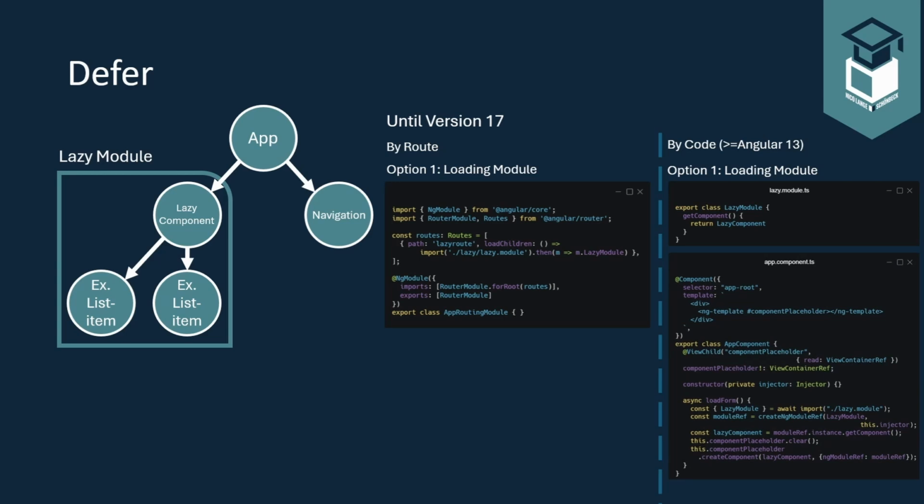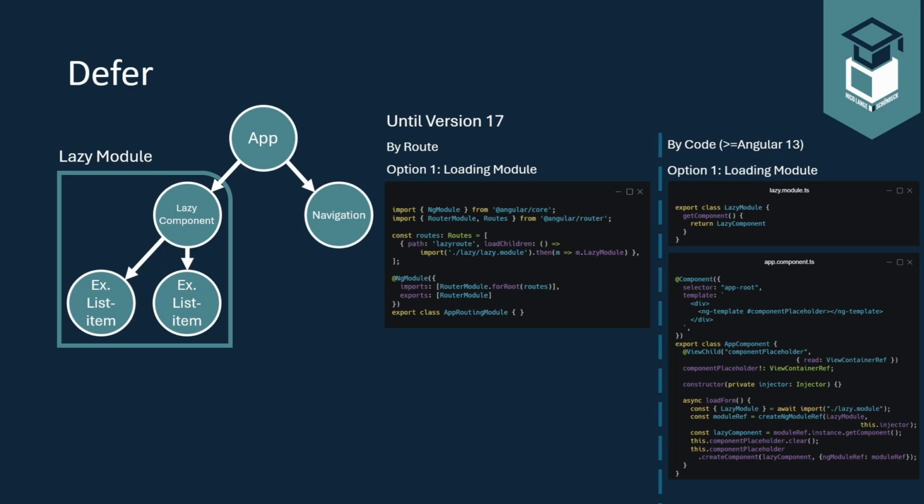So it looks very complex. All it does is this: it is a component, and this component has an HTML template and a ViewChild. Here in the example, the component placeholder, which reads the ViewContainerRef. And it refers to this ng-template that is inside of the app component TS template in that example.